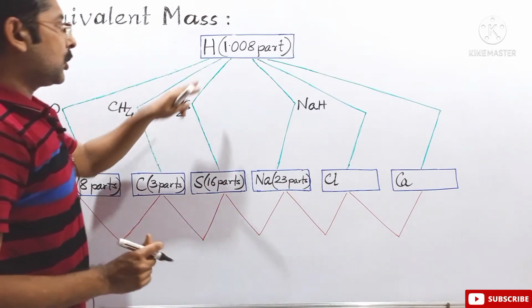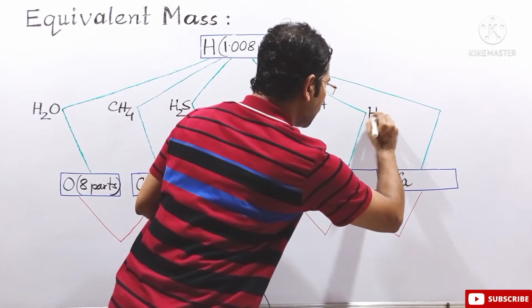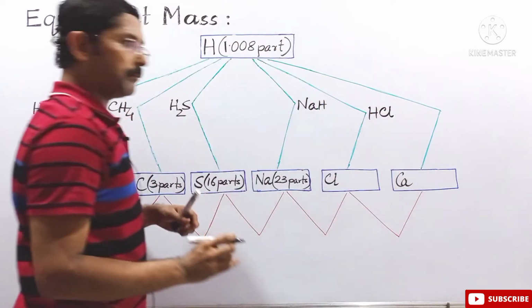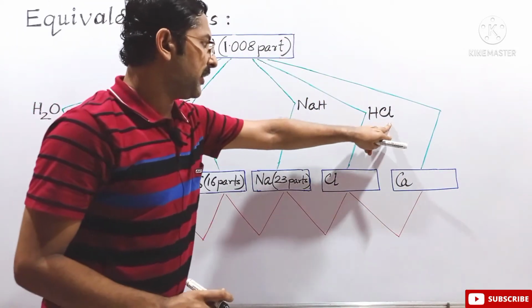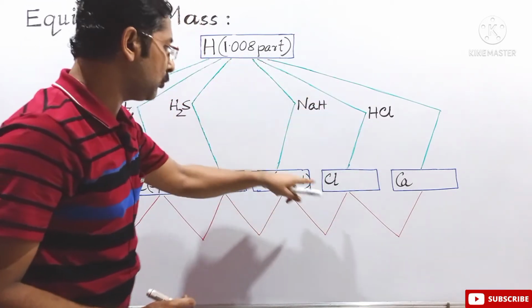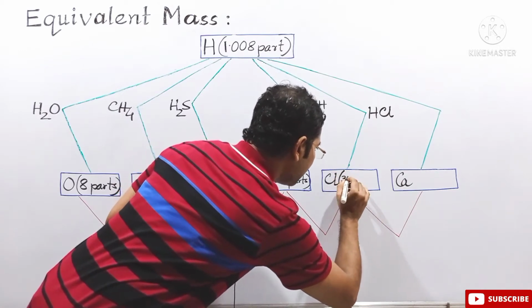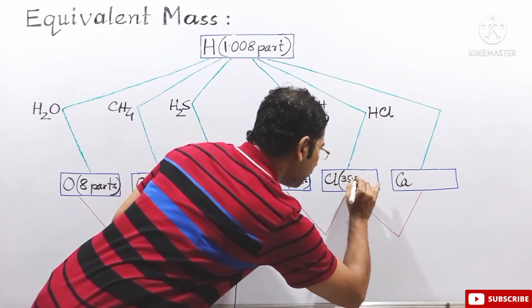Okay. Hydrogen and chlorine combine together to form the simplest molecule, of course, HCl. Okay, and this is 1:1 ratio, so we can write 1.008 part of hydrogen combined with 35.5 parts of chlorine, right?